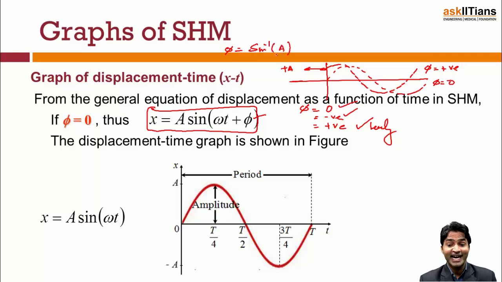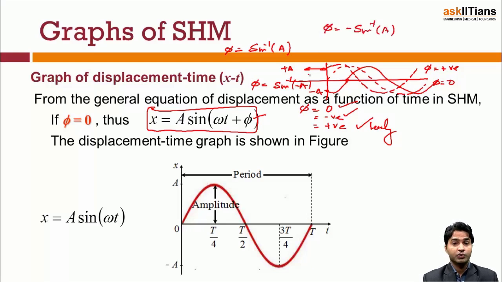But if it is lagging, we have to consider this part, which means it started from this negative part. Phi is equal to sine inverse of a negative value, and we know that sine is an odd function, so phi will be minus of sine inverse of the constant value. That's why it is the case of lagging. So we have 3 different cases: leading, lagging and mean position.